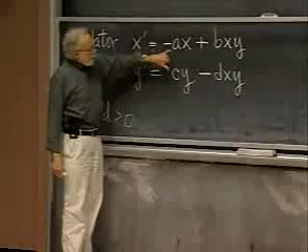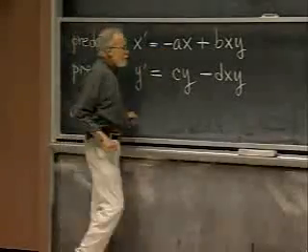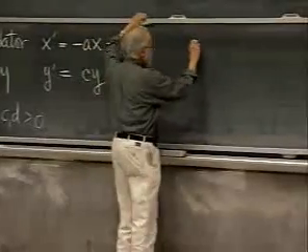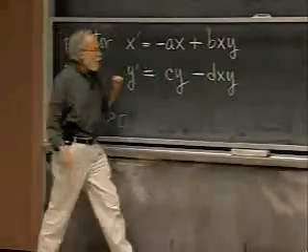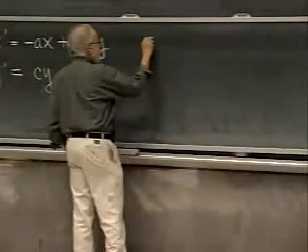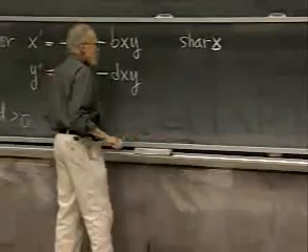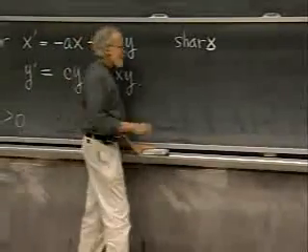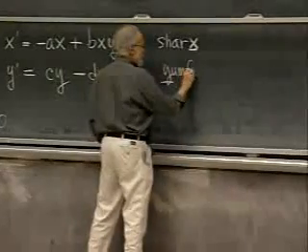Namely, in the first place, I'm assuming that these guys, let's give them names just to, let's say these are sharks. I want you to be able to remember which is x and which is y. So we're going to think of these as sharks. And these will be food fish, so let's make them yummy fish. Yum fish.